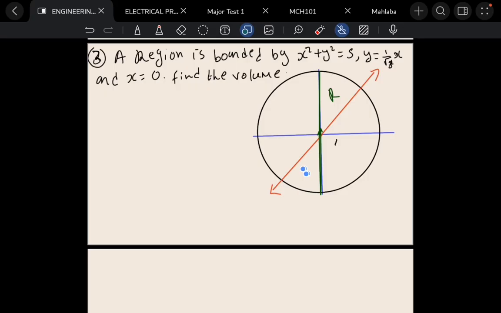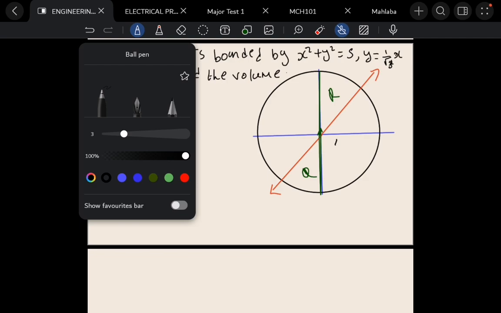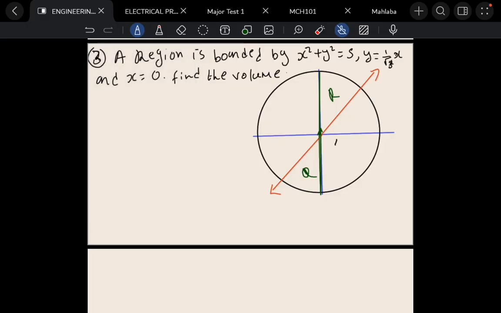So to integrate this, I'm going to say two times an integral, because we have two regions which are going to be the same, r dr d theta.